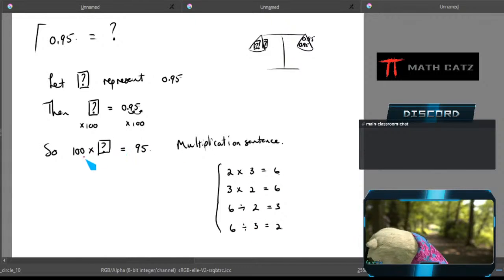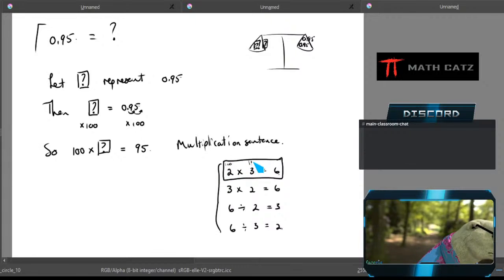So now think of this sentence as this first one, where instead of a 2, I have 100. Instead of a 3, I have a question mark in a box. Instead of a 6, I have a 95. There's still a multiplication sentence that can be rewritten as a division sentence. And I want the division sentence that leaves the 3 on its own.